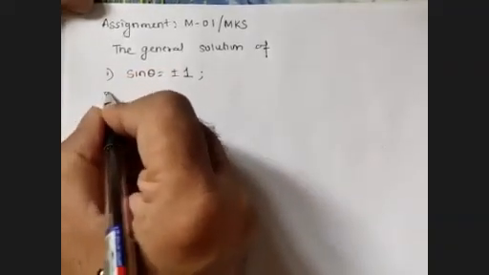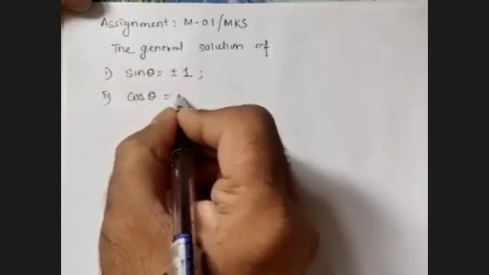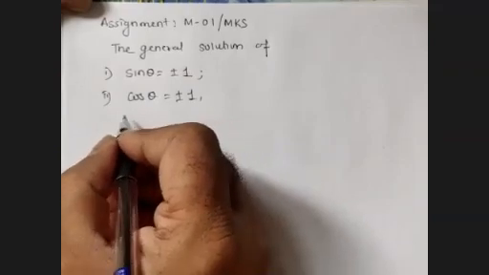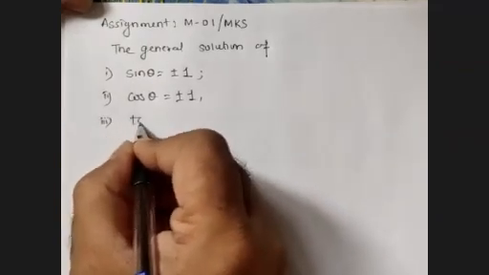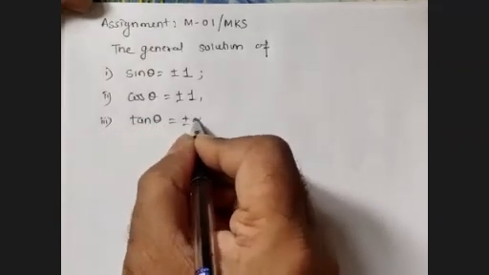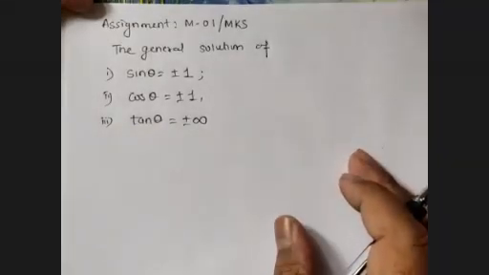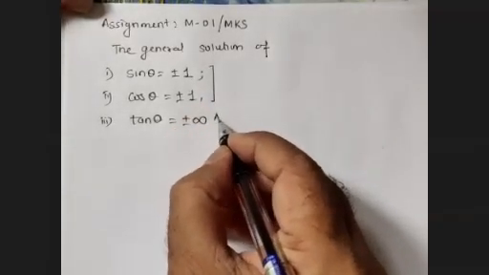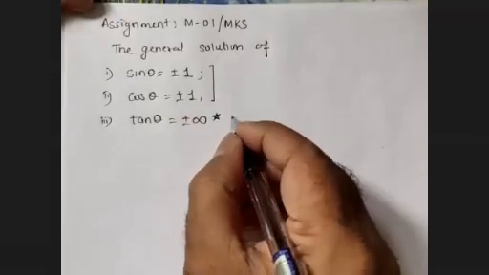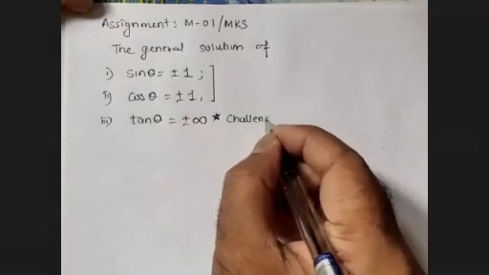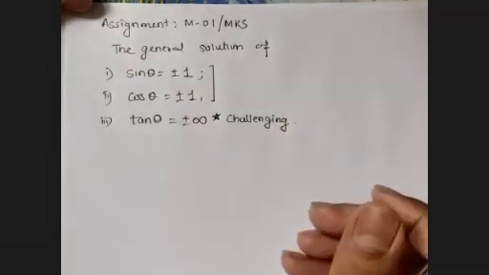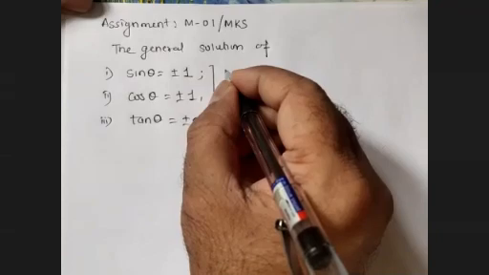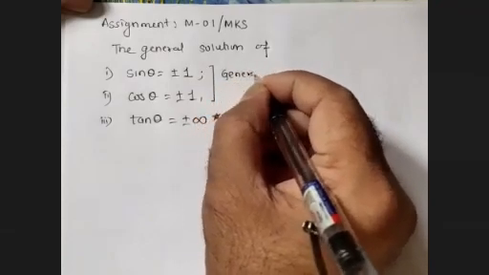Second, cos theta is equal to plus or minus 1. Third, tan theta is equal to plus or minus infinity. Star, challenging.